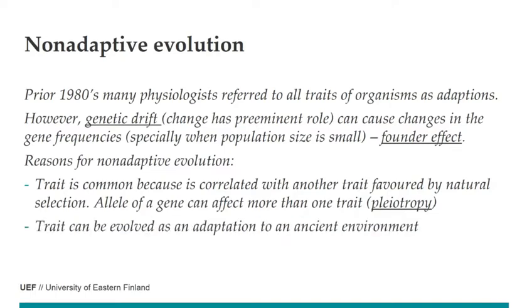Another example of non-adaptive evolution is that a trait can have evolved as an adaptation to an ancient environment. For example, fish, whether marine fish or fish in lakes, have quite dilute blood in their veins.